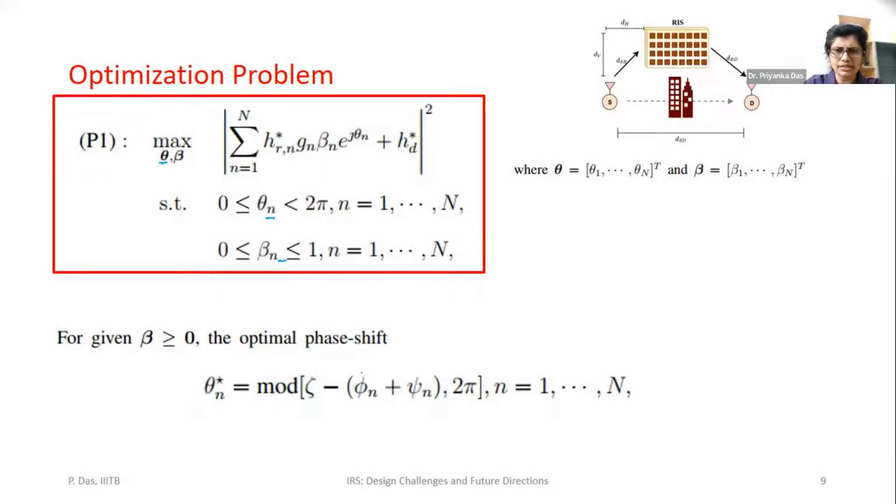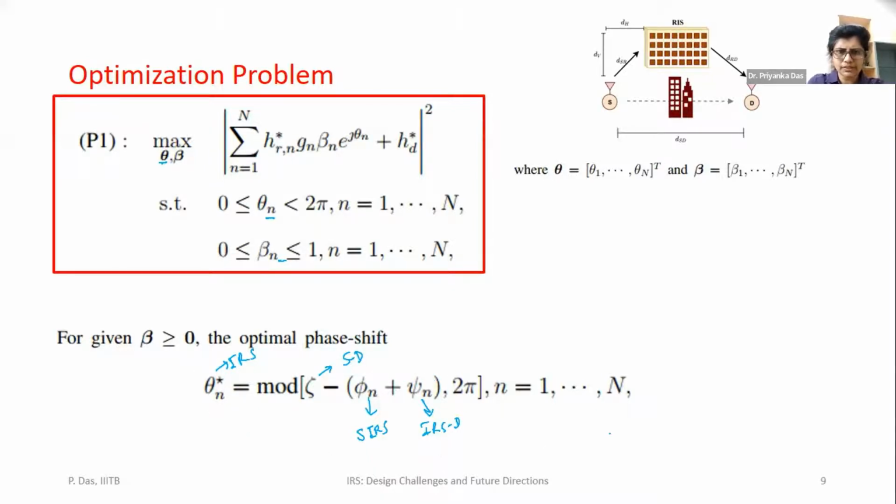So what is this phi n? Remember what theta is: theta is the IRS phase shift for the nth element. Phi is the phase of the link S to IRS, and psi is the IRS to D link. And zeta is the phase of the direct source to D link. And you take the mod of this with 2 pi.